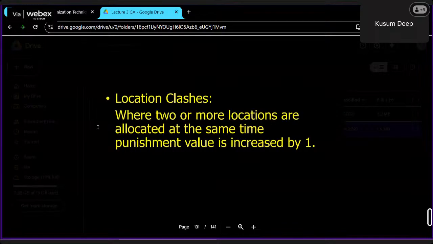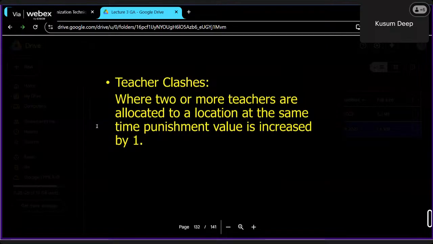Similarly, I can define the location clash where two or more locations are allocated at the same time, and the punishment value is increased by 1. And also the teacher clash where two or more teachers are allocated to a location at the same time, then also the punishment value is increased by 1.